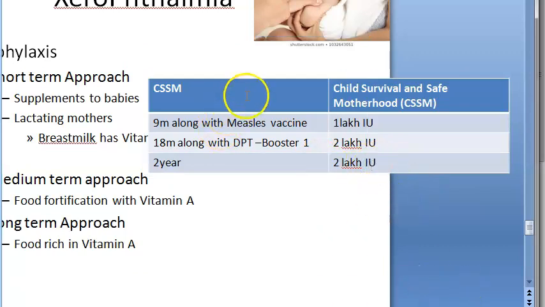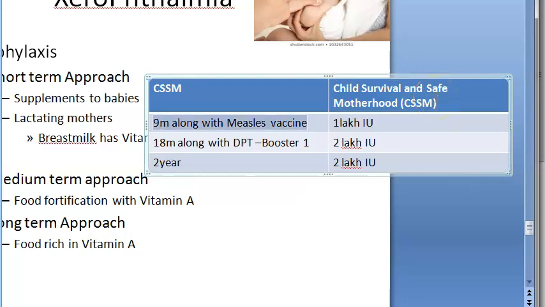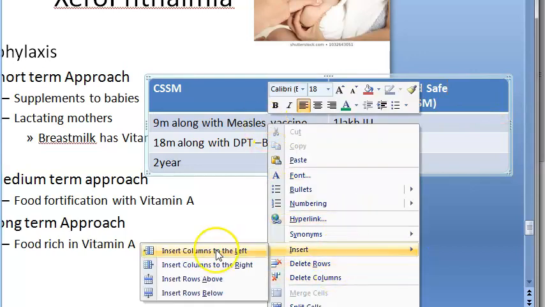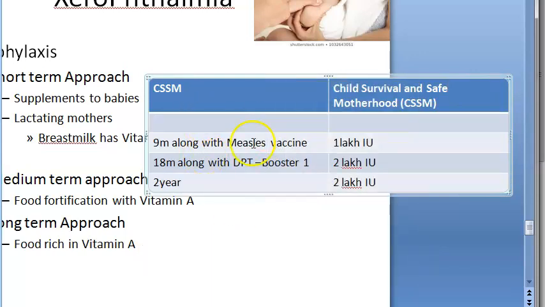So before 6 months, doesn't it need vitamin A? Yes, before 6 months it will get vitamin A via breast milk.